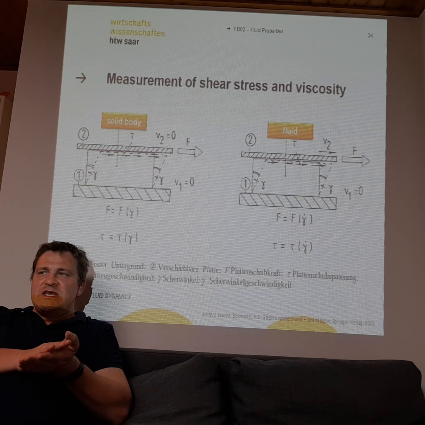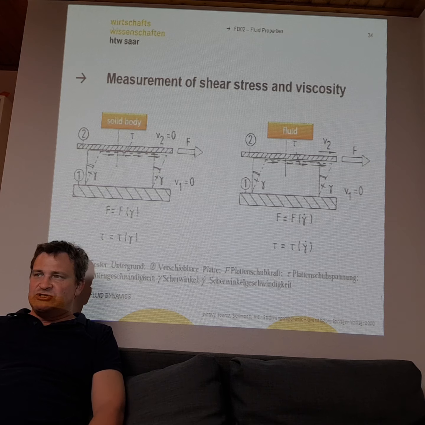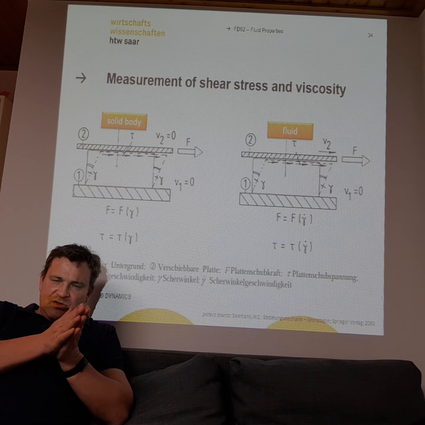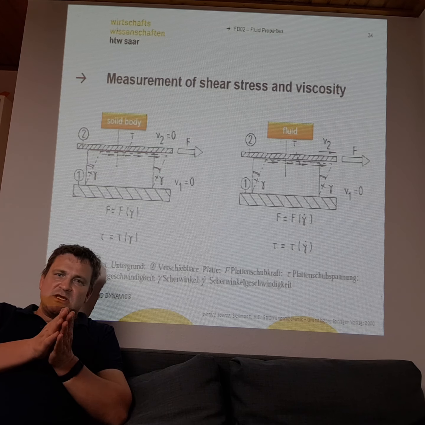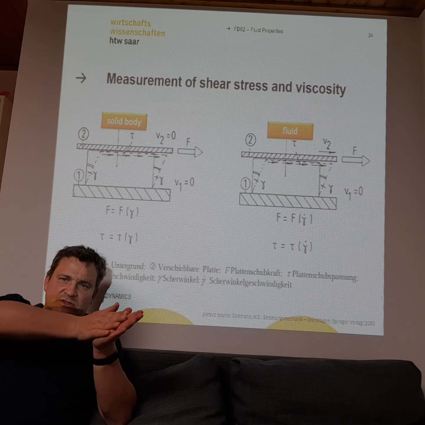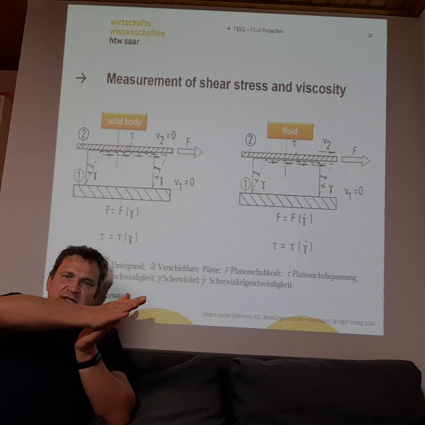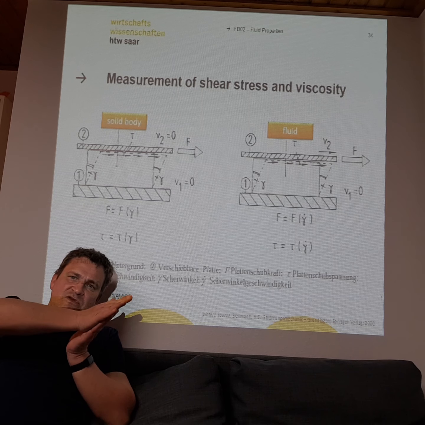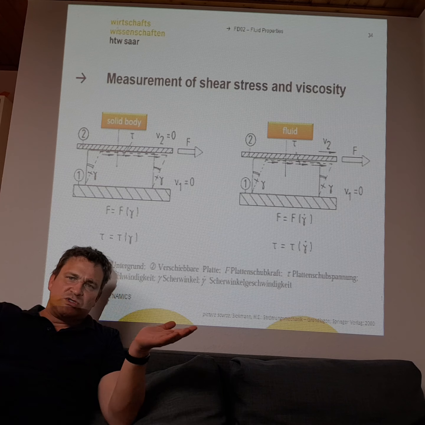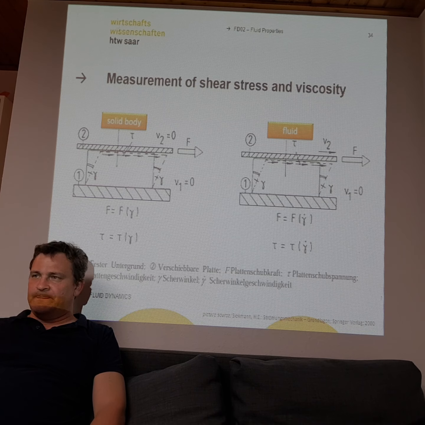That's how we measure it. And you can imagine you have, for example, two blades of glass, you put honey inside and you push the blade, you do more force if you have honey than if you have water between the blades.